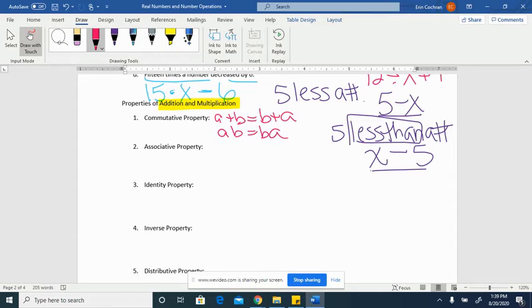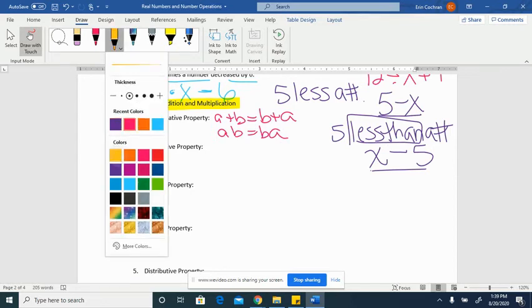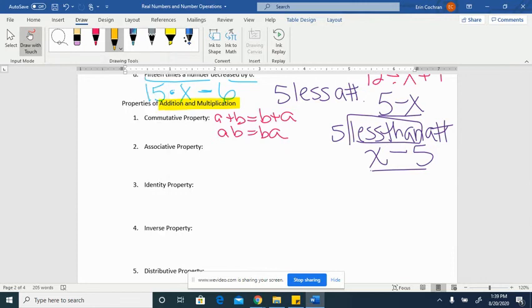The associative property is now taking 3 numbers and switching the grouping. With that, I'm going to take A plus B, then add C. That is going to be the same as if I do B plus C first, then add A. If you notice, I put A plus B plus C. It's the same in both of those, but the parentheses tell me I have to do that one first.